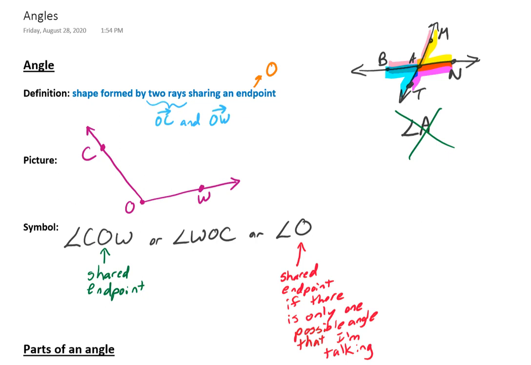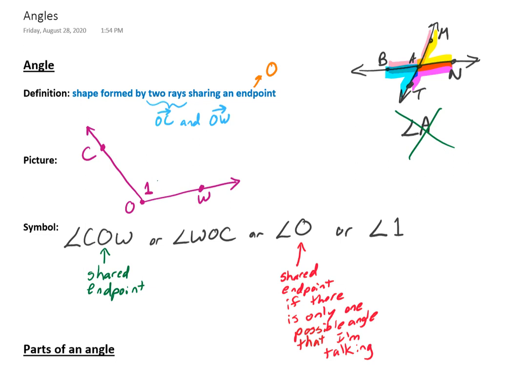There's yet again a fourth option. A fourth option is you will sometimes see textbooks especially label with a number. So like 1. In which case I put the angle and then the number it's labeled with.